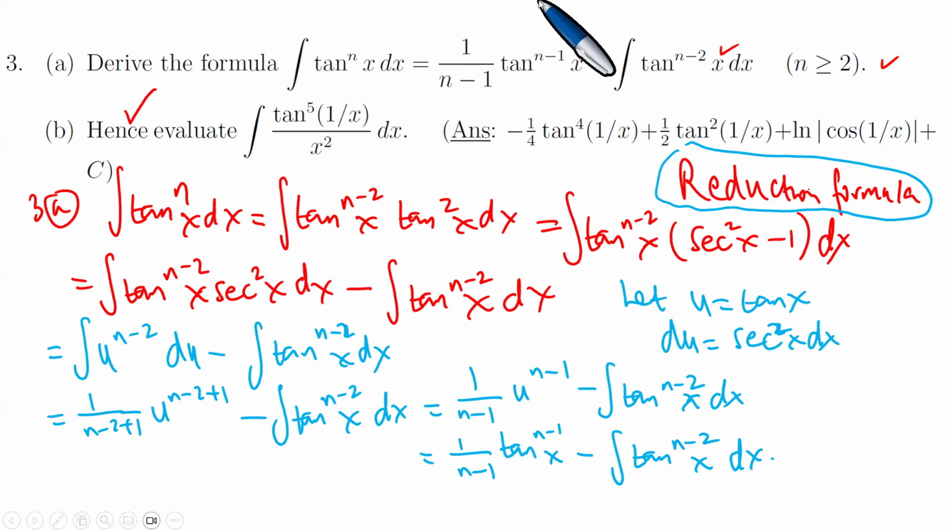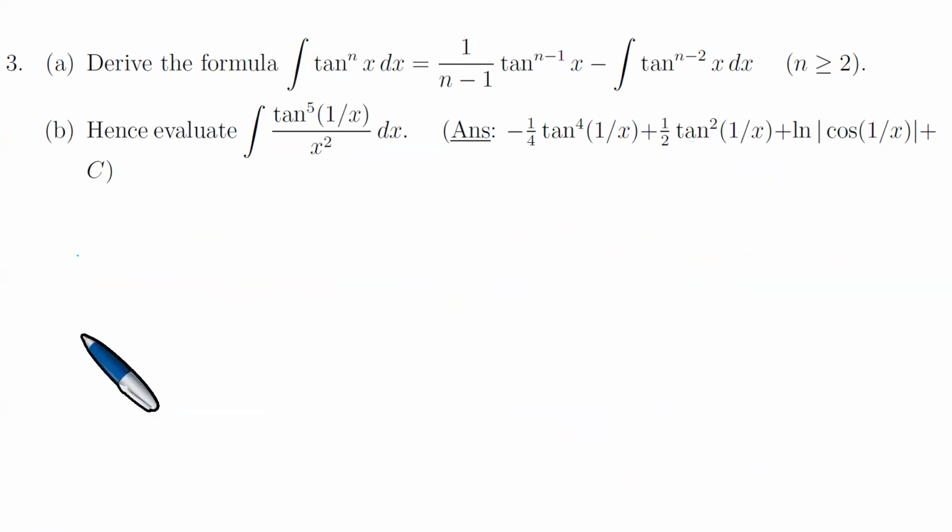Okay, let's continue. Now we're going to do the next one, part B, in view of the reduction formula in part B. These things you need to repeat.